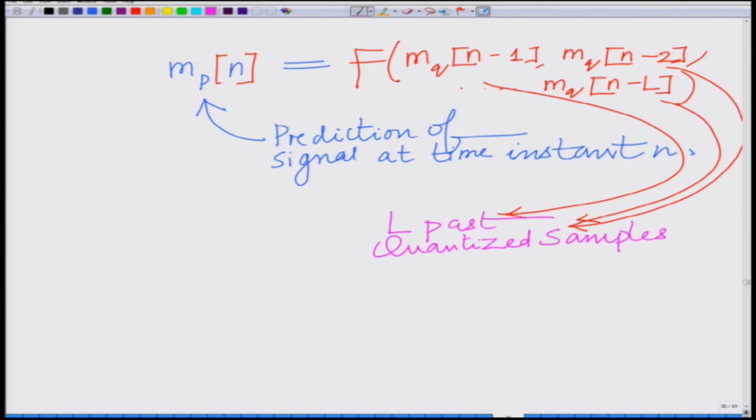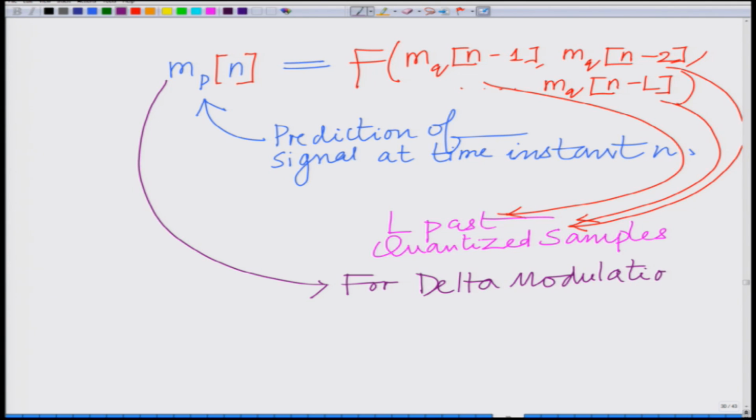Now, in delta modulation, this prediction function is very simple. MP of n is simply MQ of n minus 1, that is the last quantized sample.